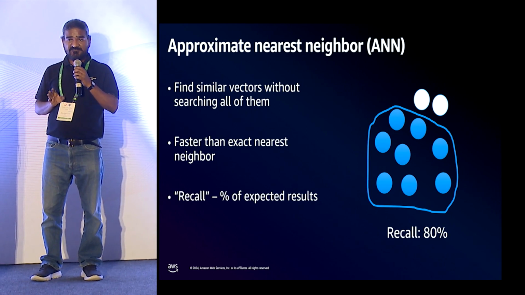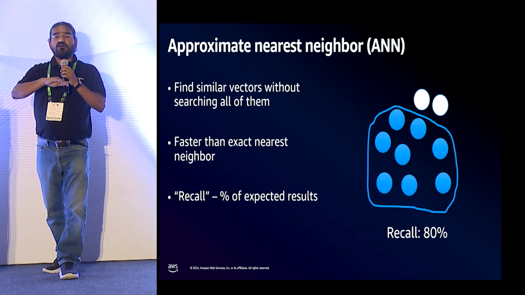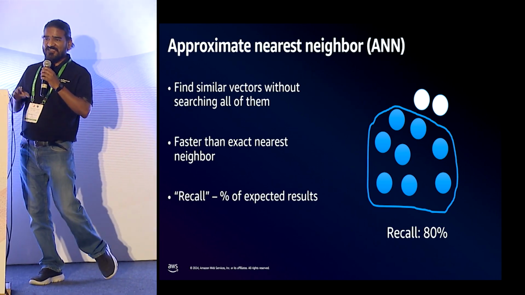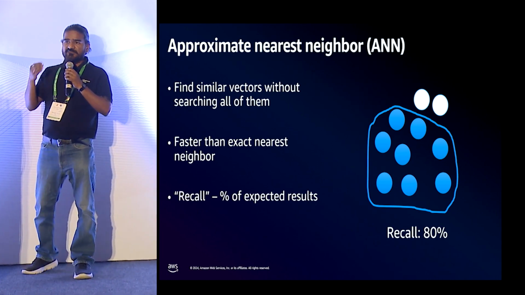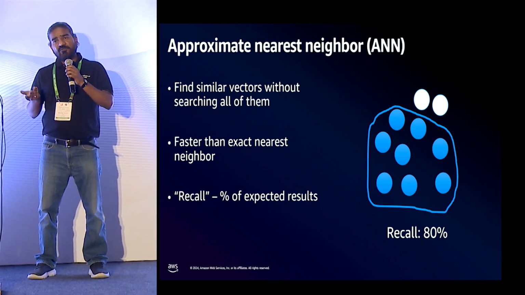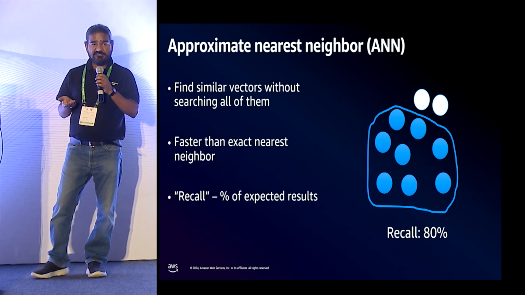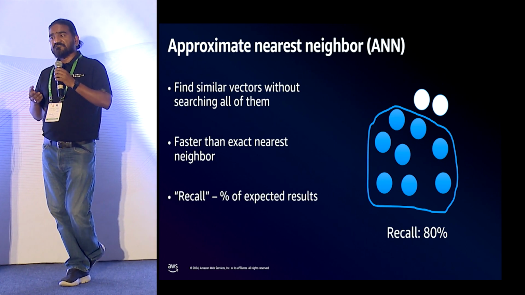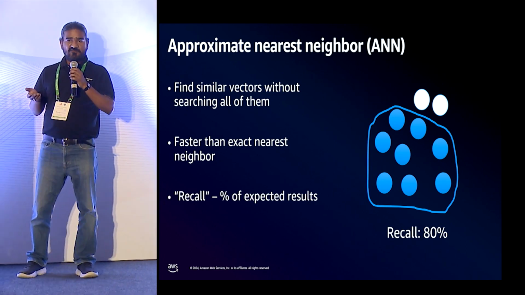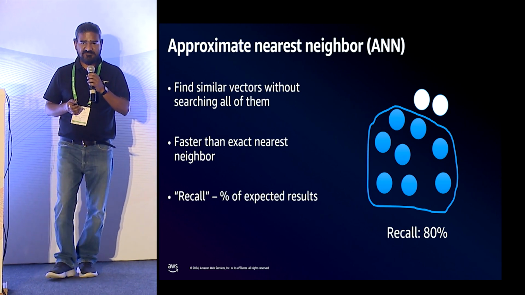It means I got 80% accuracy. If we need 100% accuracy, we need to compare all of them. Otherwise, there's no possibility, right? So we have to really consider it. It depends on the application. It works for certain applications where some results or similar results are okay. Somewhere we need 100% accuracy, then we have to think about something else, right?